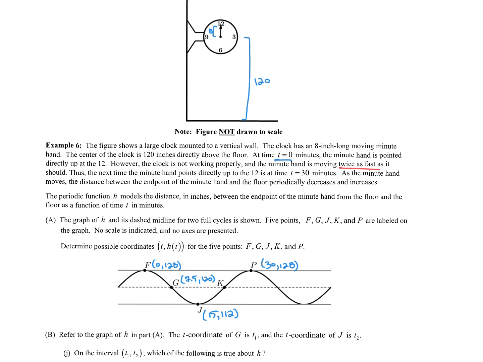All right, and so then K would end up being what? What's my time value on K? 22.5. And then what's the Y value, or my H of T in this case? 120. And so there is how we complete our cycle. Now, this is what's called a sinusoidal curve. We'll get to it later, but I just want to give a description of what it is now.